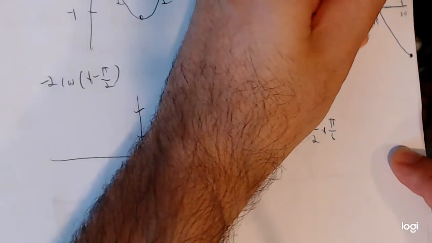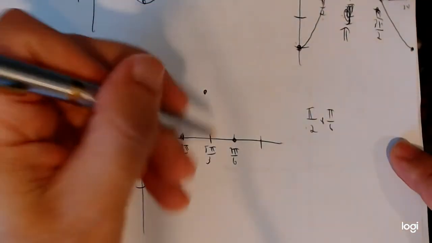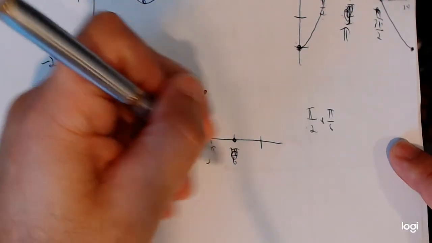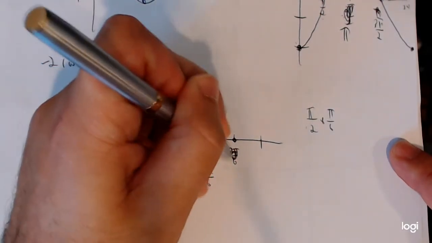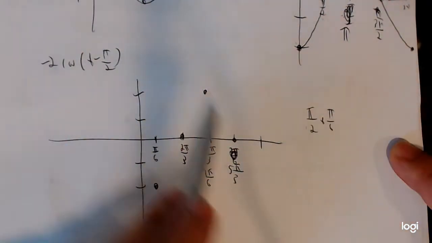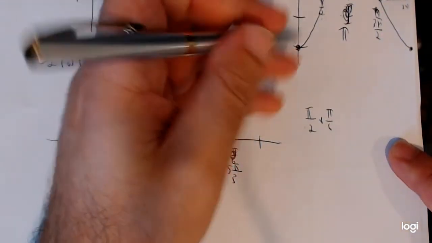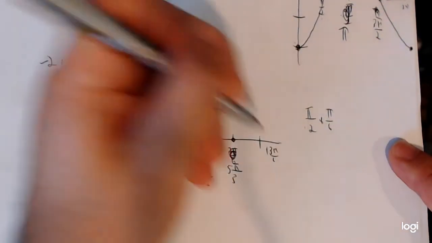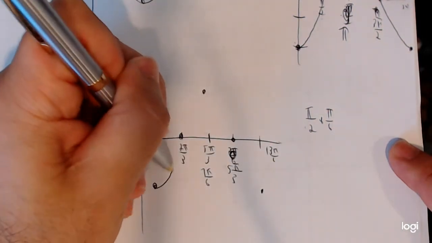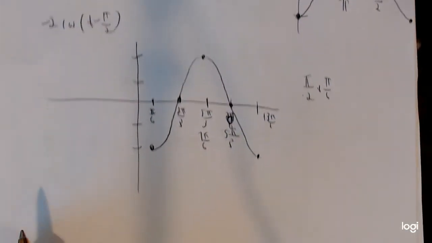Sorry, this is pi, this is 3 pi over 2. My ordering was mixed up. So these two should switch. All right, so this should be 7 pi over 6, 5 pi over 3. My apologies. So I just swapped them accidentally. And then to 2 pi, if I add pi over 6, it'll be 13 pi over 6, which puts us there. And then if I graph this, it looks like that. So it just literally got shifted pi over 6 to the right.